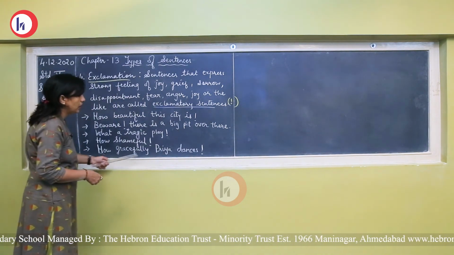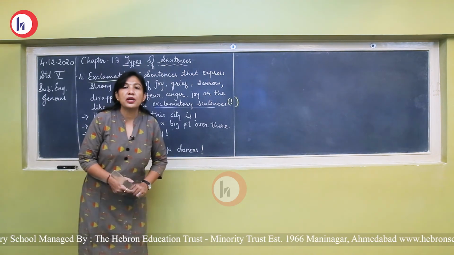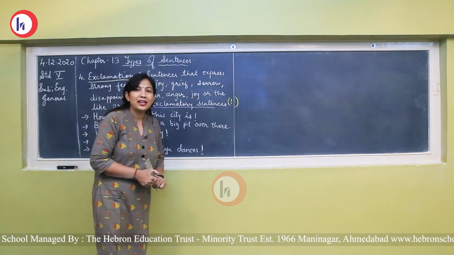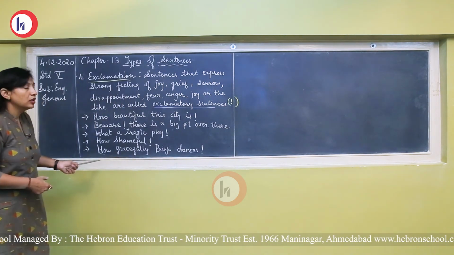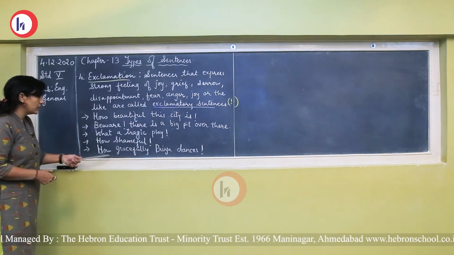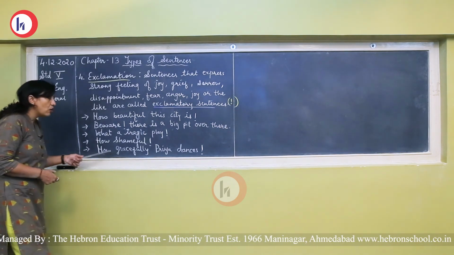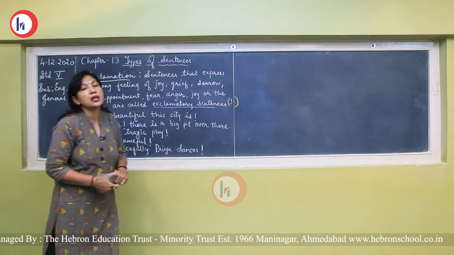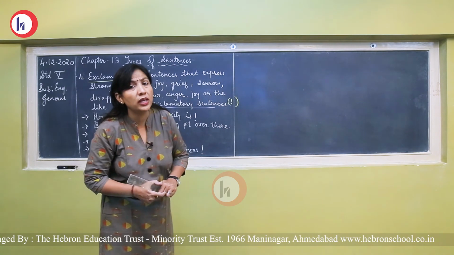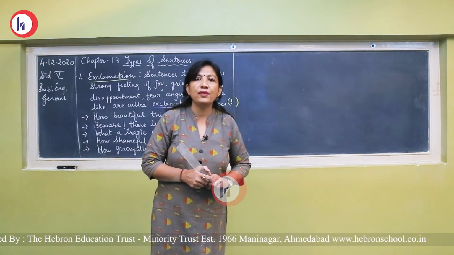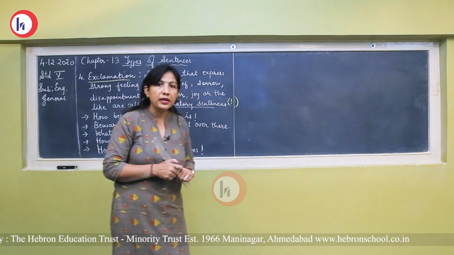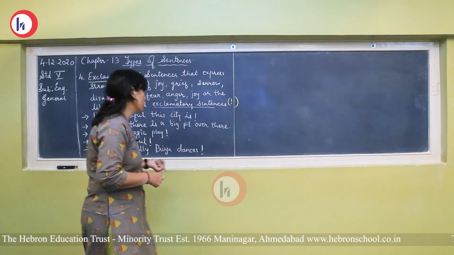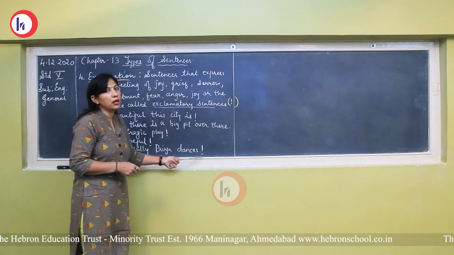How gracefully Priya dances! Here an adverb is used, gracefully. Miss Priya was dancing very gracefully and we are impressed, so we say how gracefully Priya dances, and at the end of this sentence we use the exclamatory mark.